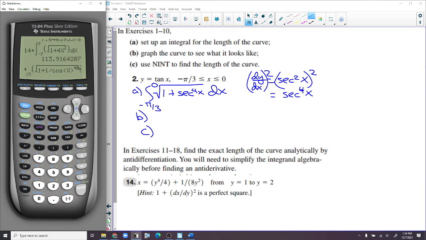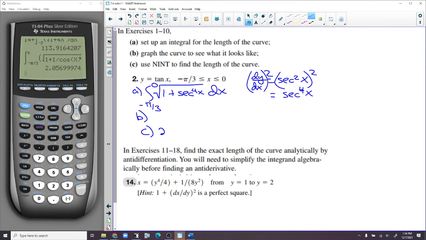We don't have a secant button, we have a cosine button, so they're reciprocals. Enter, and we get a value: 2.056 or 7.